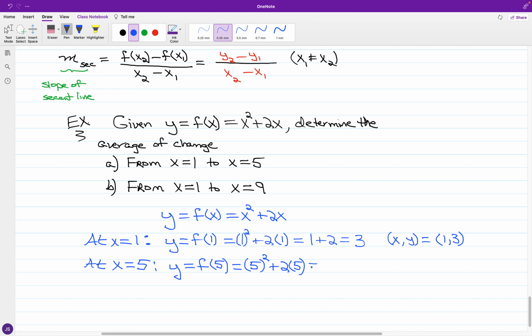So 5 squared is 25, and 2 times 5 is 10. For the output, whenever x is at 5, y is at 35. So you have the y value when x is 1 as well as when x is 5. And we'll go ahead and get to the y value whenever x is at 9.